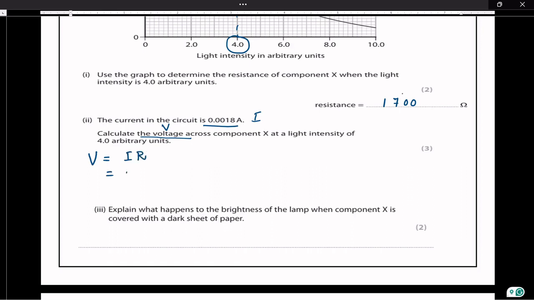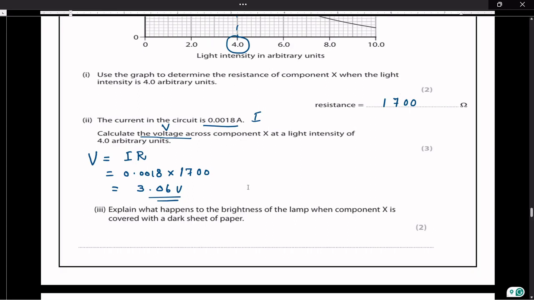Current is already given, 0.0018. We have already seen that at an intensity of 4 units, the corresponding resistance is 1700. So make use of your calculator to get the value. You have to get it as 3.06 volts.